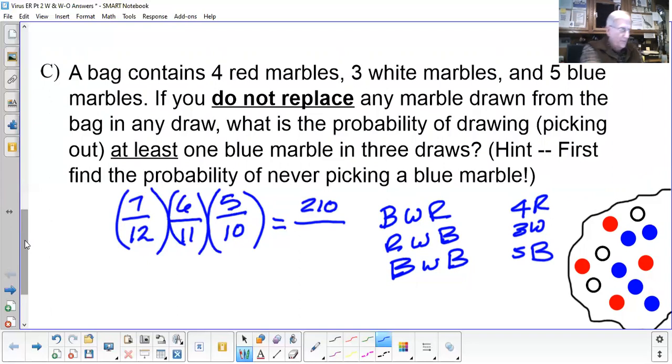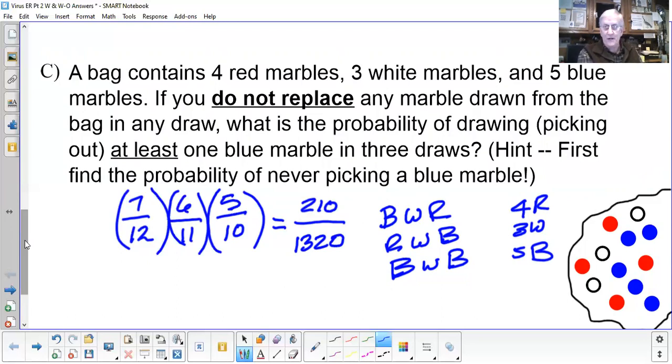And when I do, I get 1,320 total outcomes that could occur. There are only 210 ways that I would not get a blue marble. So what is the probability then that I could pick at least one blue marble out of the bag?